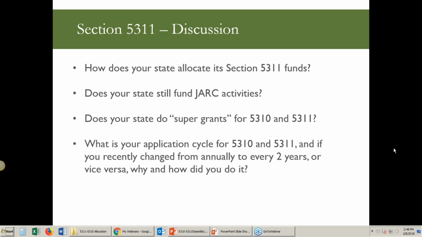So that's the only one where they have a local match requirement. So we do allow the in-kind for that. Robin says yes, they do that in Oregon, the match in kind. And Sarah says from Arizona that in kind is allowed for 5310, but not for capital expenses.